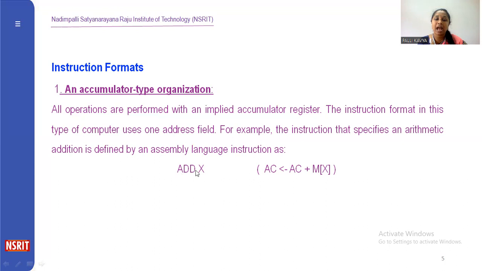So ADD X means the content stored in X is added to the content of the accumulator, and the result is stored in the accumulator AC. So this is an accumulator type organization.